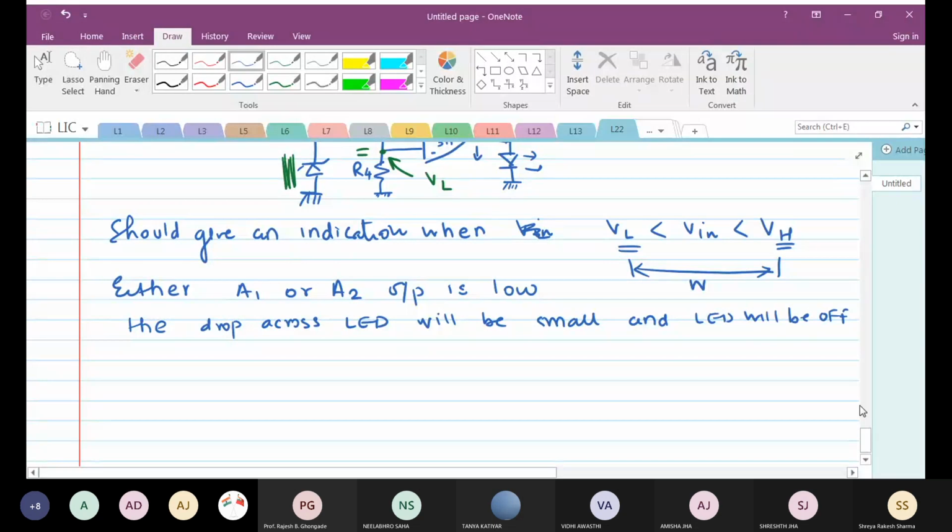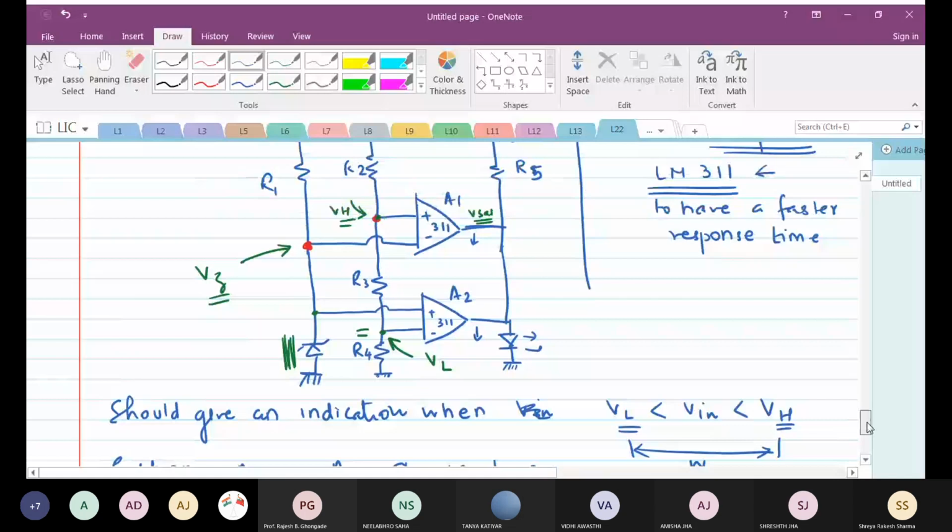So both the comparators will have to be high, isn't it? Yes, sir. Both comparators need to be high, or output as high, and then only it will turn on the LED. This will happen only when, now let us say these two conditions, VL and VH.